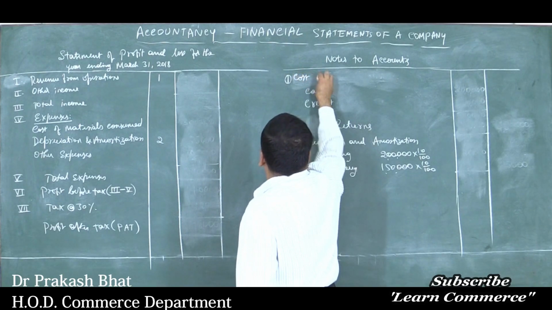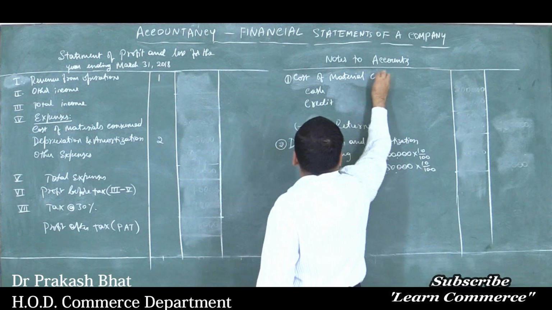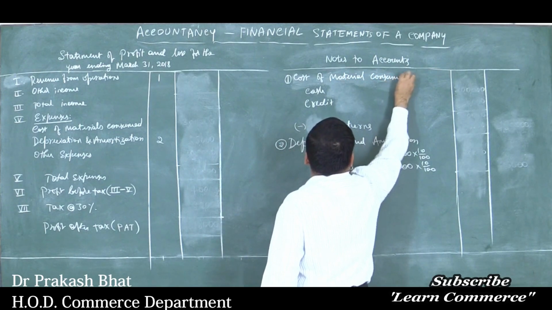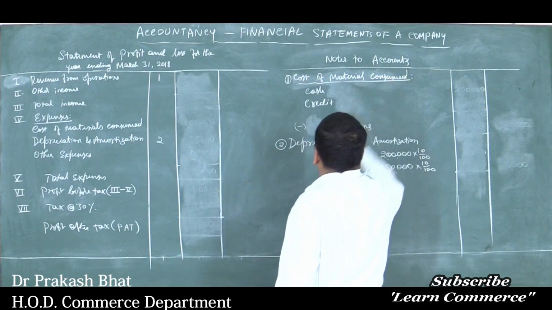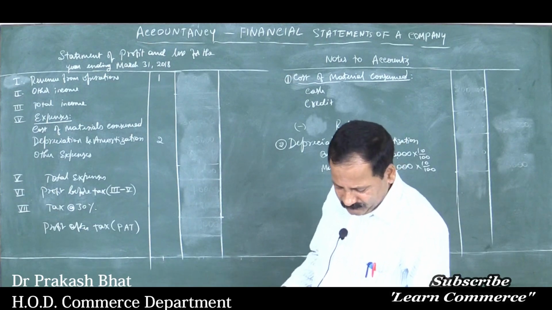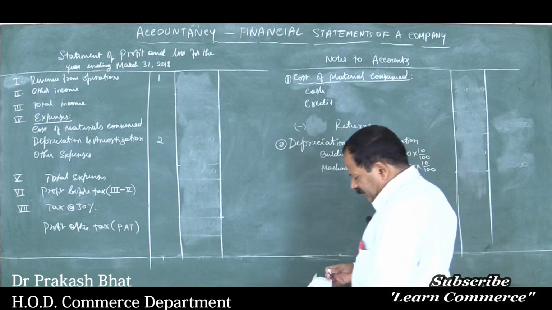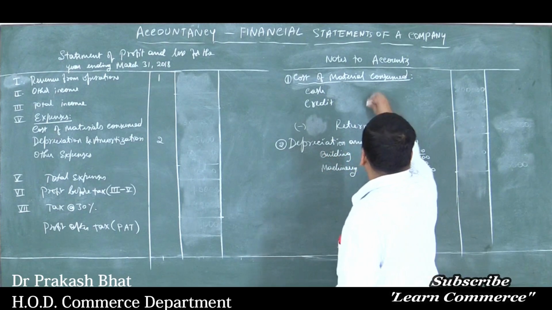Cost of material consumed, under that cash and credit. Write the amount. Cash purchases 2 lakh, credit 4 lakh.